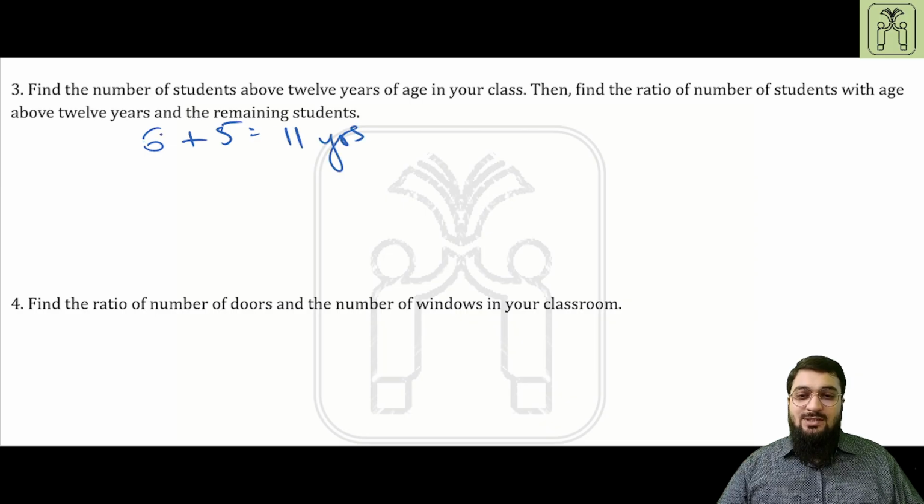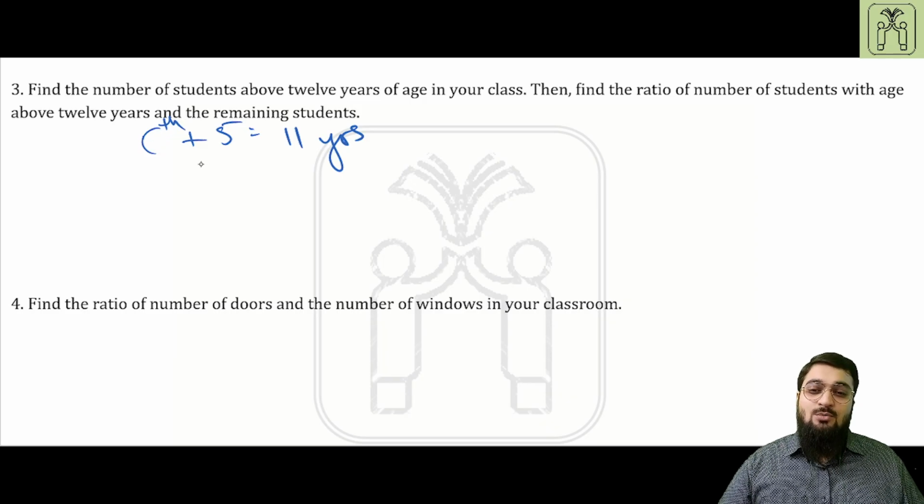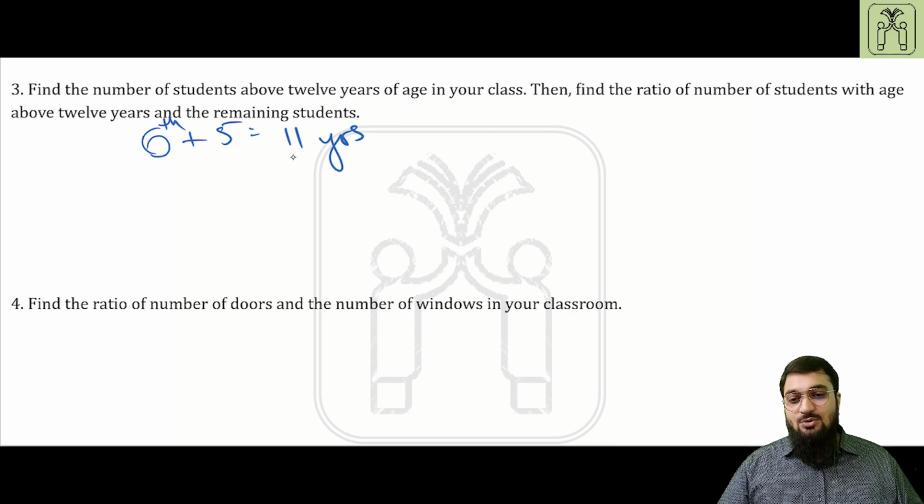So in class 6, generally people are of the age of 11, and those who are 12 or more years of age will be very few, which might be due to late admission, or due to continuous migration from one city to another, or due to not passing a particular class. Any other reason might also be there.